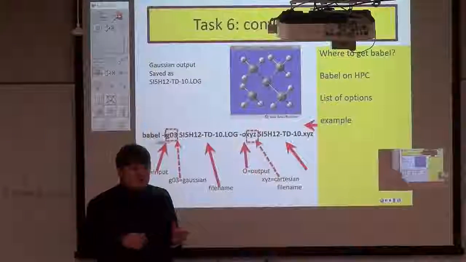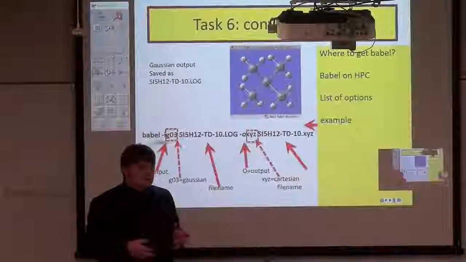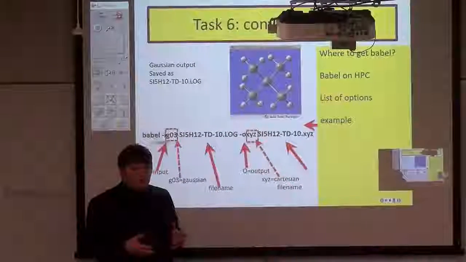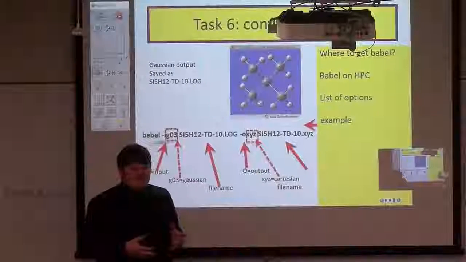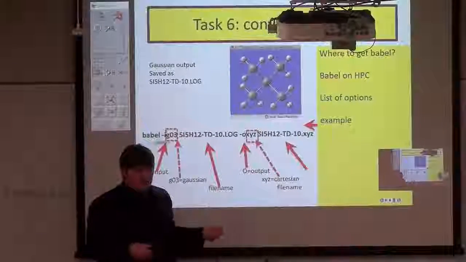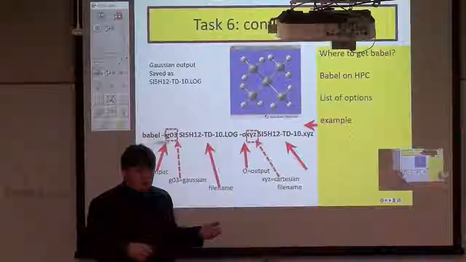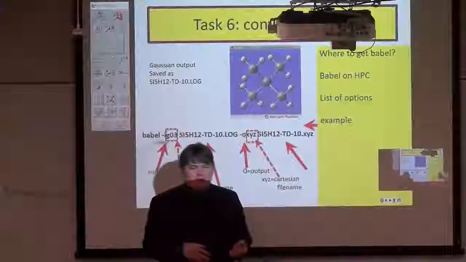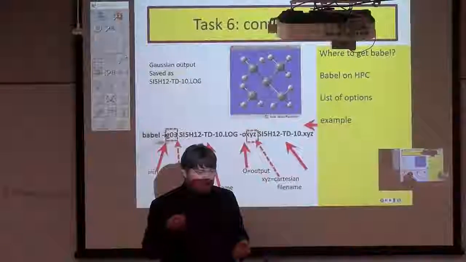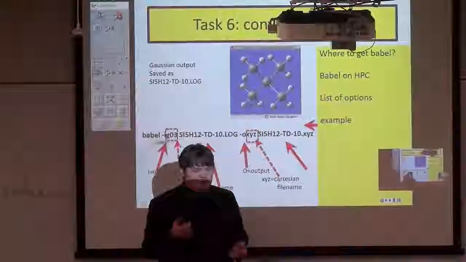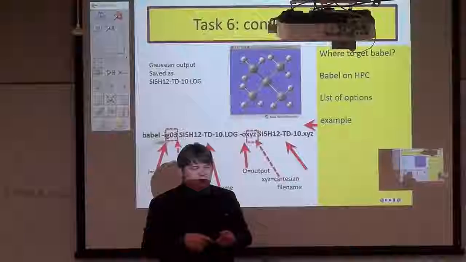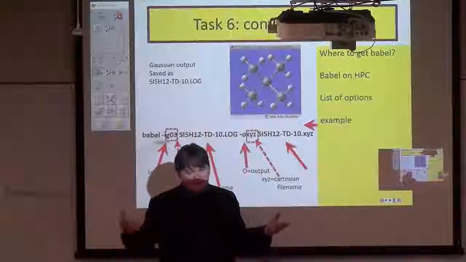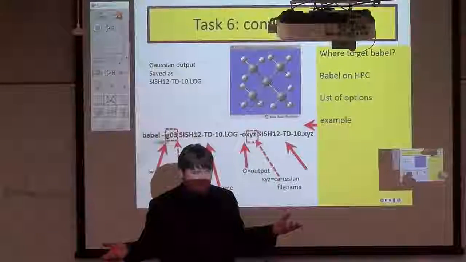With very few exceptions, for most of the formats native to different computational codes, it will take both input and output, and you can convert. So if you want to collaborate with a friend or colleague who is using different software than you do, you can convert to his or her favorite format and pass it on. Okay?